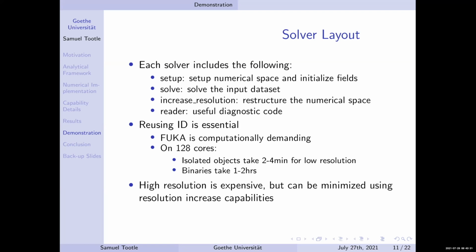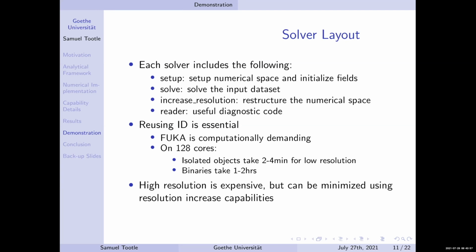So here I've included some benchmarks for a system using 128 cores. And this is for what we consider to be low resolution, just to give you an idea. So this is not a laptop initial data system. And if you go to high resolutions, it's not something to be run even on a single node in the case of binaries.